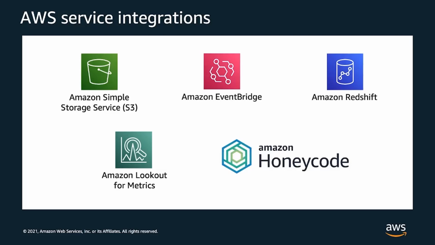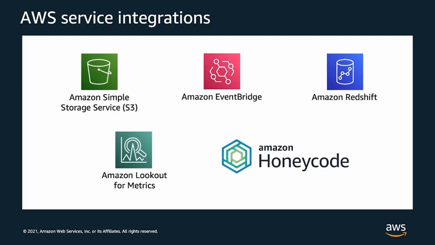But as you know, if you've used AWS services at all, if I get data into an S3 bucket, I can then use that data in any number of places. The same with Amazon EventBridge. I can put events onto a bus that I can act on, analyze, react to whatever downstream with different services. So there's a lot of flexibility as you're moving data around.